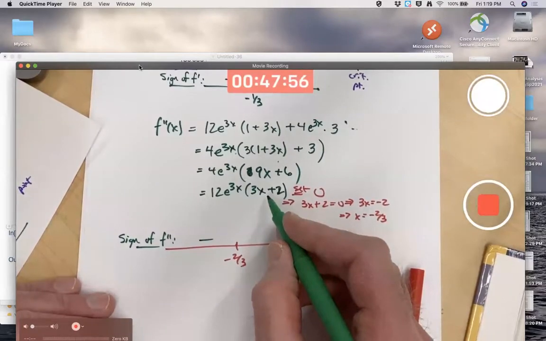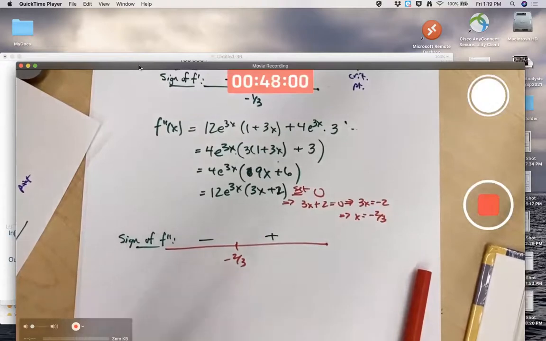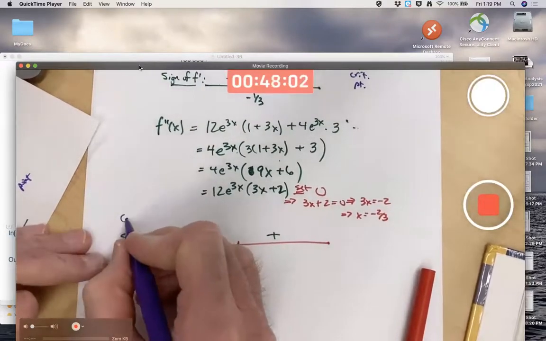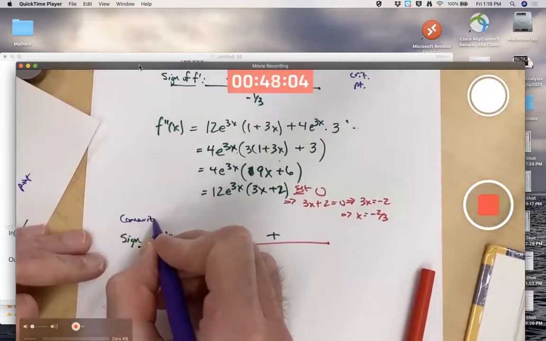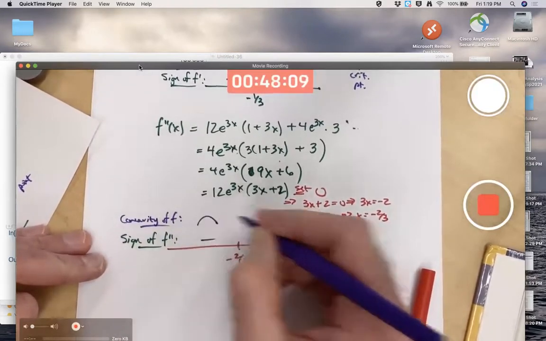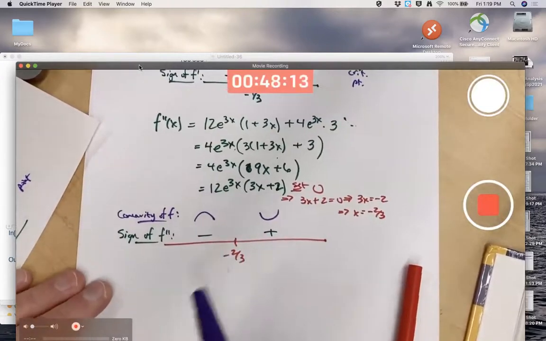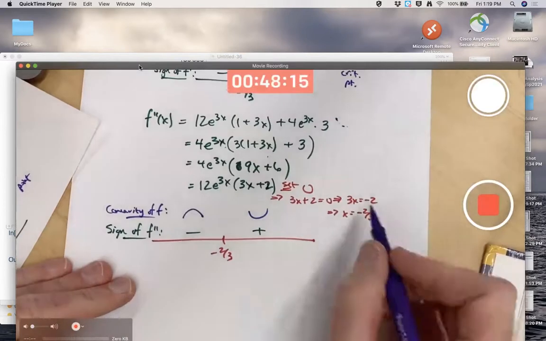For example, if x is 0, this is 2. F double prime is positive. So the concavity of f is concave down here, concave up over there. And that does mean, since it changes concavity, that this is an inflection point.